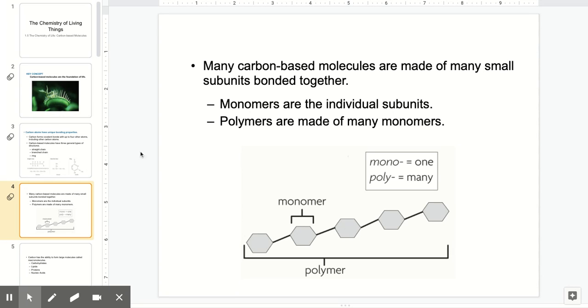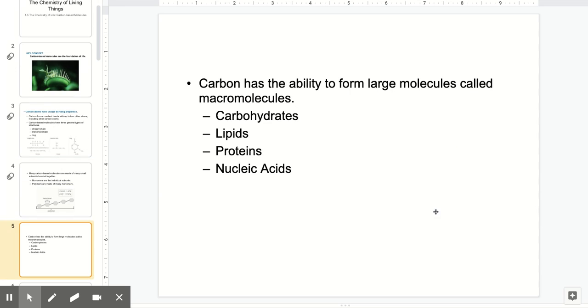Okay, so poly meaning many, mono meaning one. So these rings here are the individual monomers that make up the entire thing, which is a polymer.